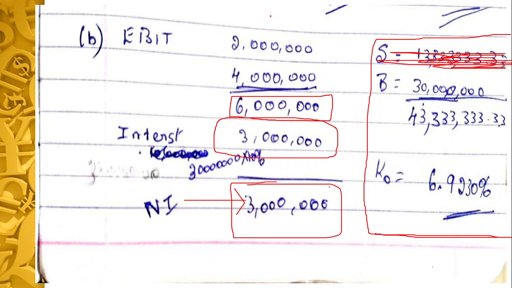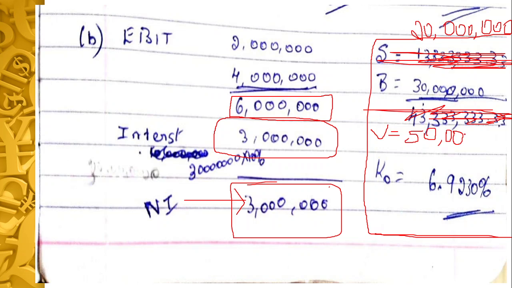You would get the total market value of equity to be 20 million. So the total value of the firm would be 50 million.